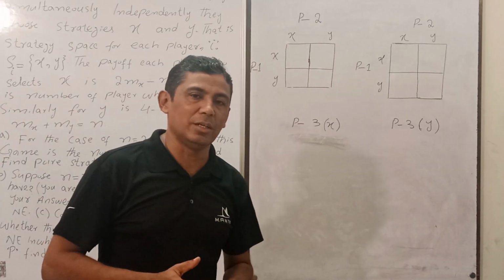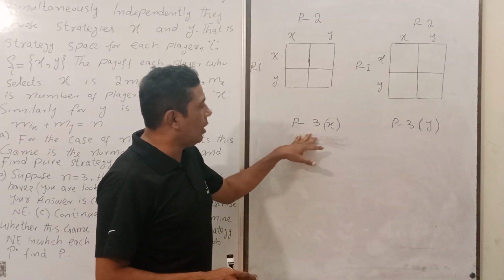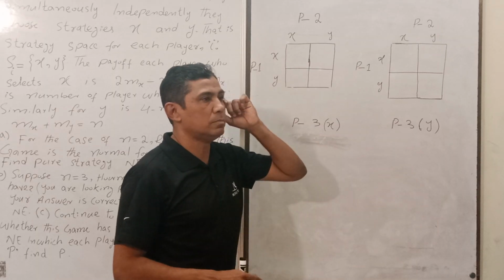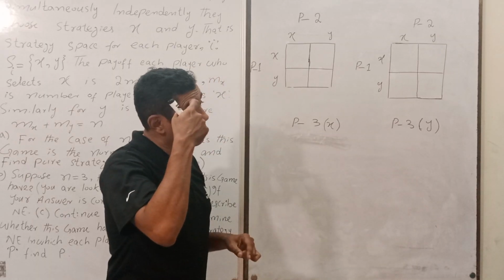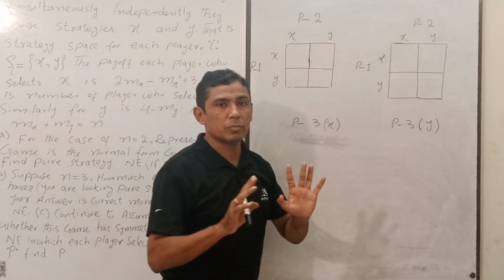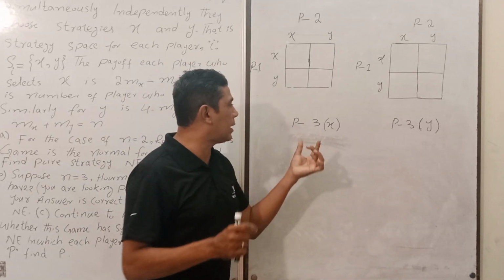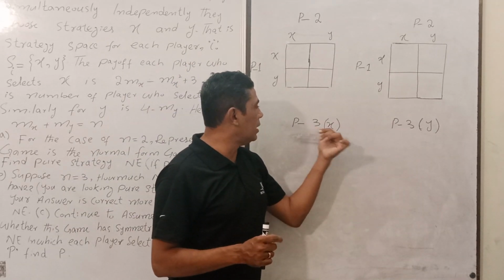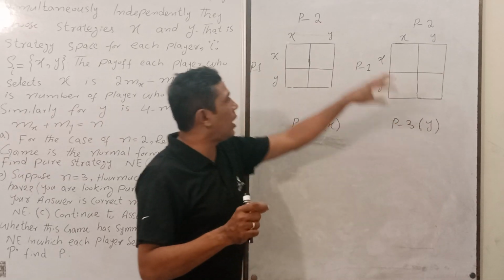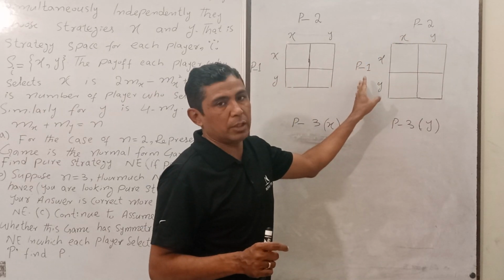So now you may ask a question, sir, why you are not keeping here player 1 or player 2? So remember, I cannot keep here player 1 and 2. First of all, either I have to mark here player 1 strategy X or player 1 strategy Y, or I have to decide that it is P2 and this one is P3.